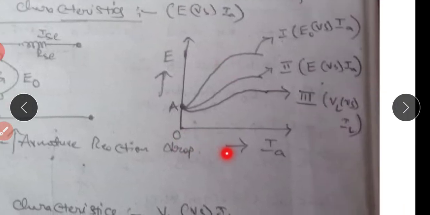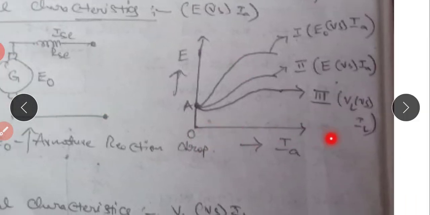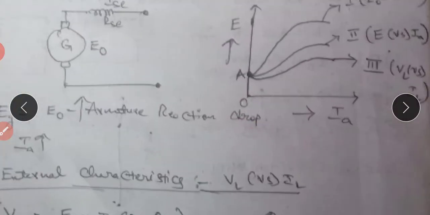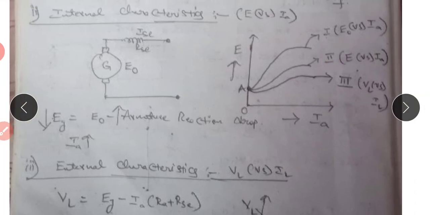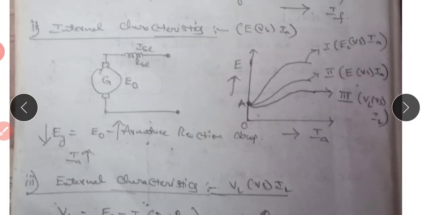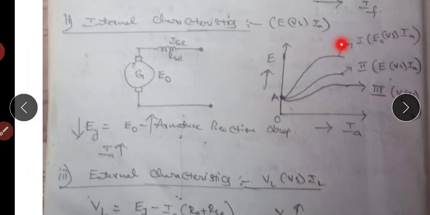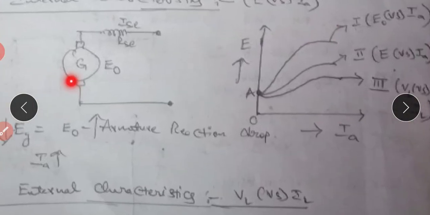Here we are increasing armature current from 0 to its rated current. So finally, the second curve is the internal characteristics, the graph between E versus IA. In any case, first we have to draw the E0 versus IA graph to draw the E versus IA graph. So first it is E0 versus IA, this is the reference one. By using this reference curve, we can draw the E versus IA graph.